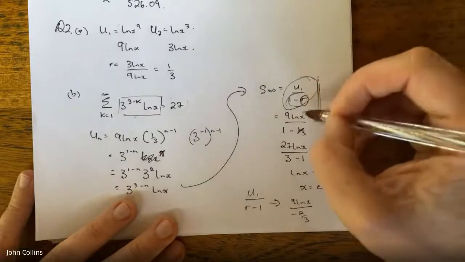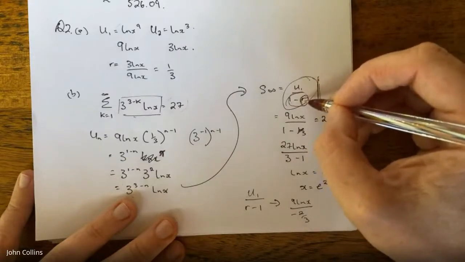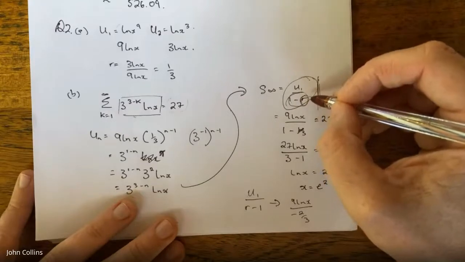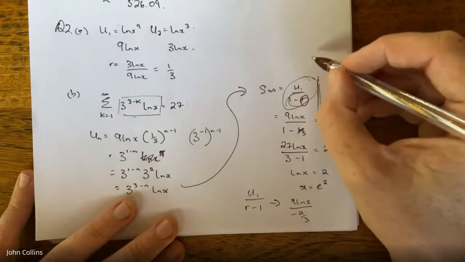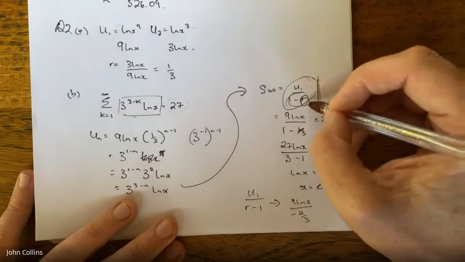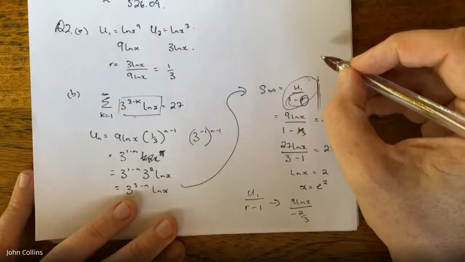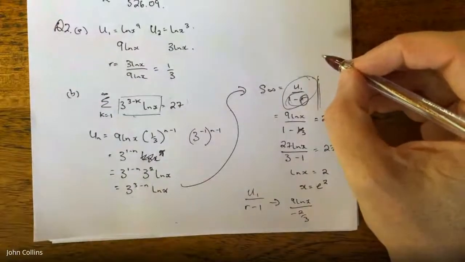If it's more than 1, I would use the way it's written in the formula booklet, and if it's less than 1, I would use this way. But if it's more than 1, we wouldn't be able to find the sum to infinity, would we? No, that's correct, actually. Oh, that's the formula above, isn't it?